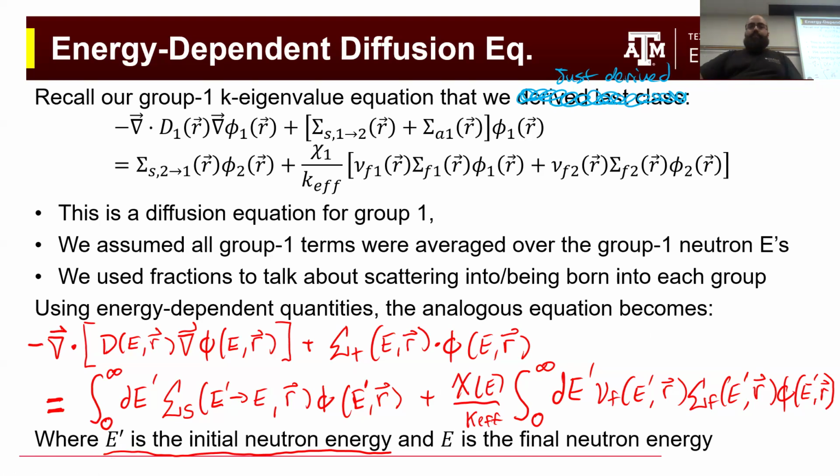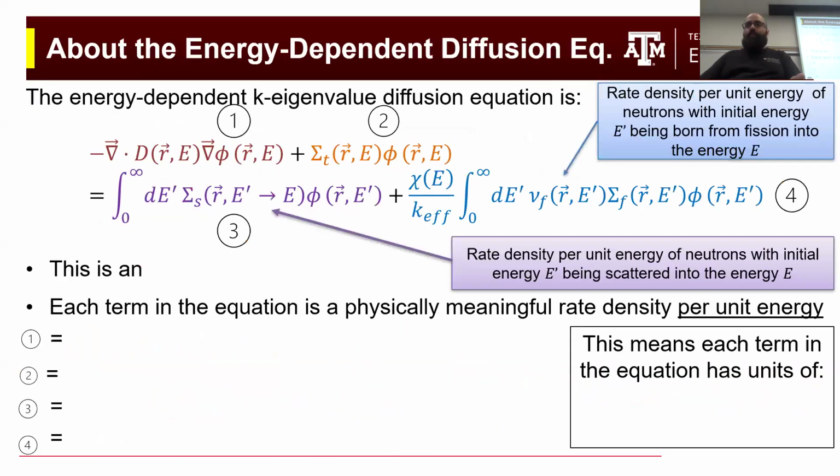So yeah, that's what the energy dependent diffusion equation looks like. And it's probably good for us to talk a little bit about the terms in this equation. Here I've rewritten that equation and written it out in terms of four terms. Because we have the divergence and we have the gradient, that means these are telling us to take spatial derivatives.